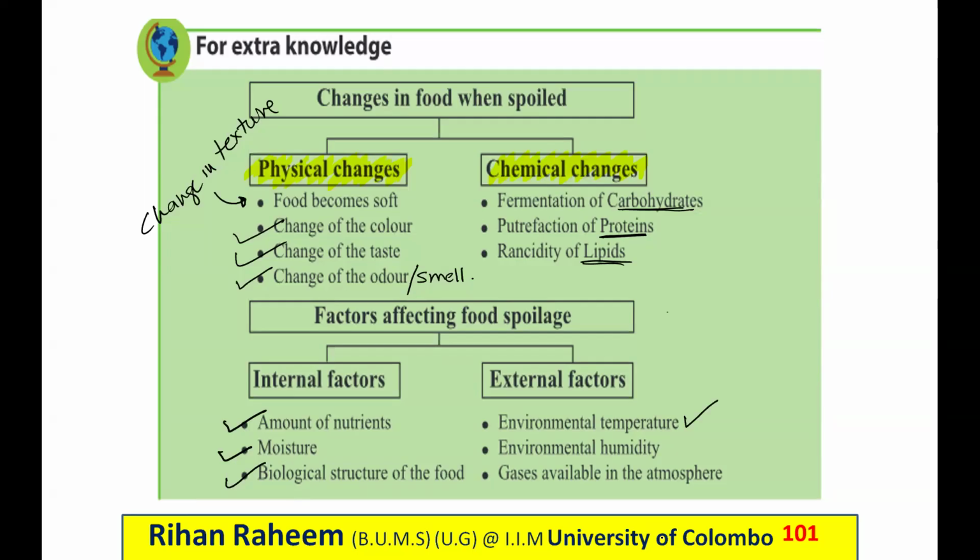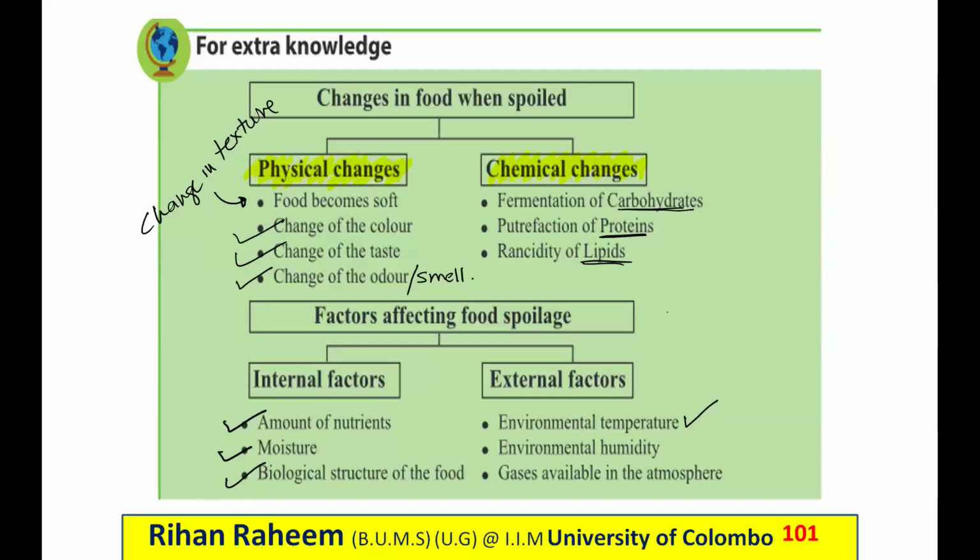Environmental temperature, the outside temperature, is also important, no? That's why when you put something in the fridge, the spoiling rate is very slow. When you put it in a deep freezer, the food will get frozen. Externally, it is excessively cold, so the microorganisms can't grow.